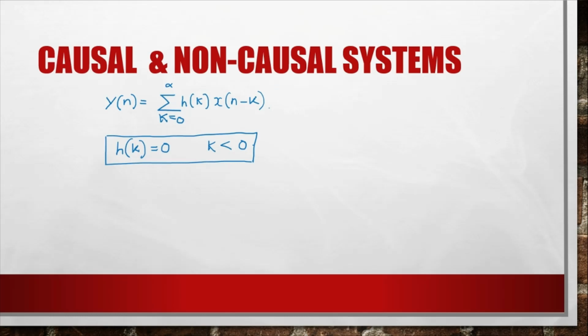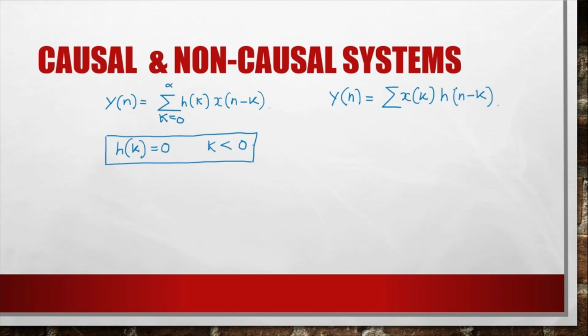So, if I write the expression as x[k] h[n minus k], and I want to obey the definition that for a system to be causal the impulse response will be 0 for negative values of the time sequence, then h becomes negative when k is greater than n.